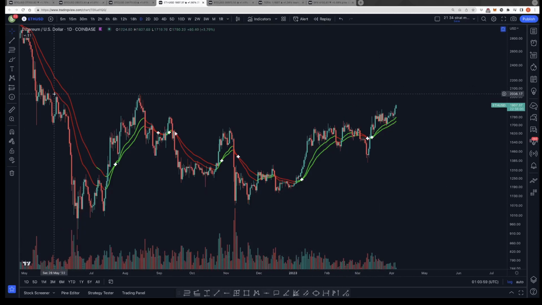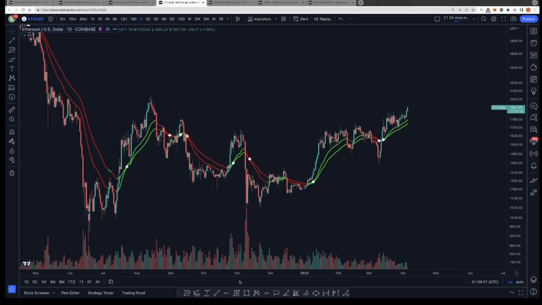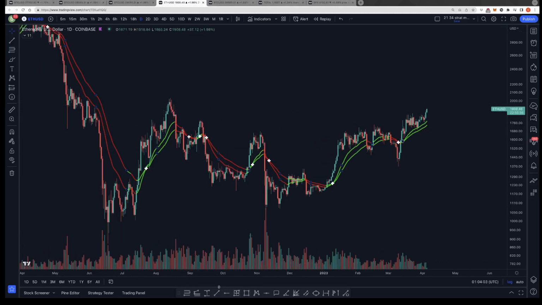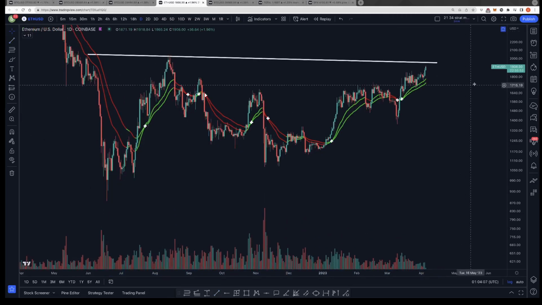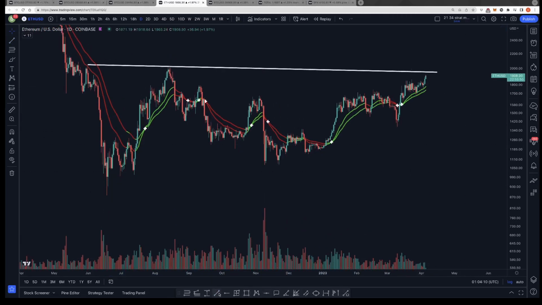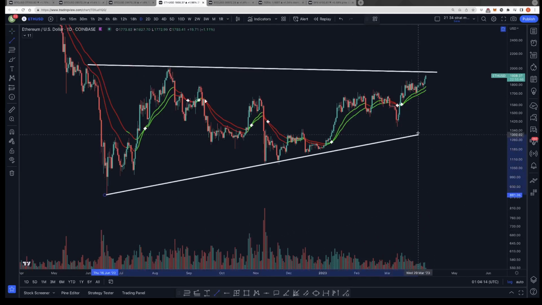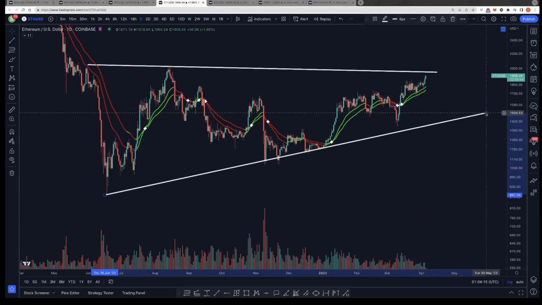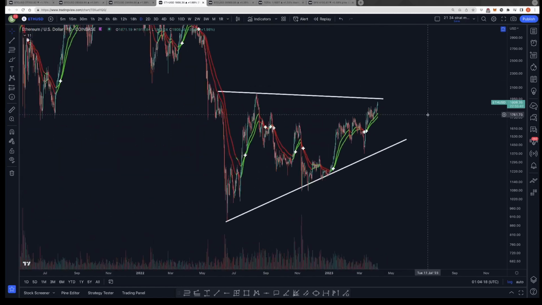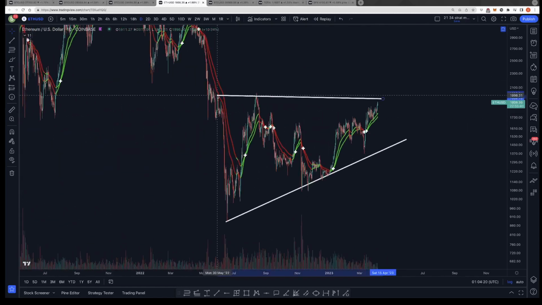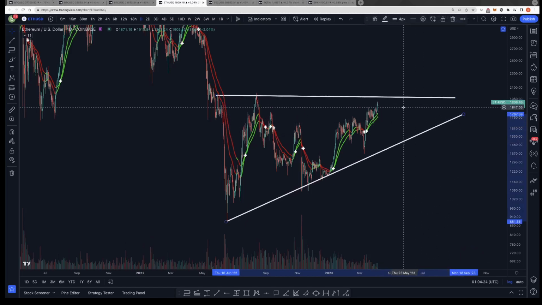You can see a bit of an ascending triangle formation happen if my trend line will work. There we go. Not technically perfect, but you get the idea. Something to that effect. So this is a bullish pattern. We'll see if it can get through this level up here, confirm this as support.